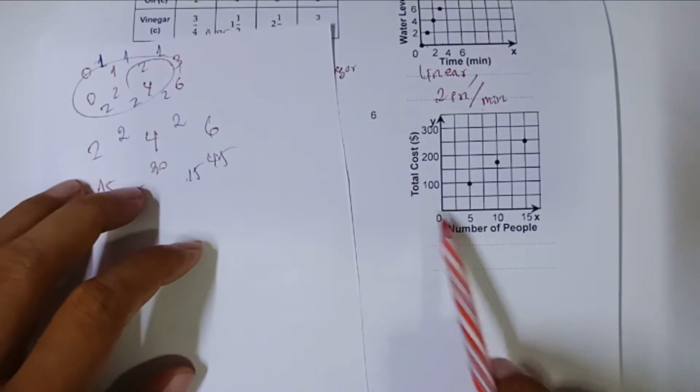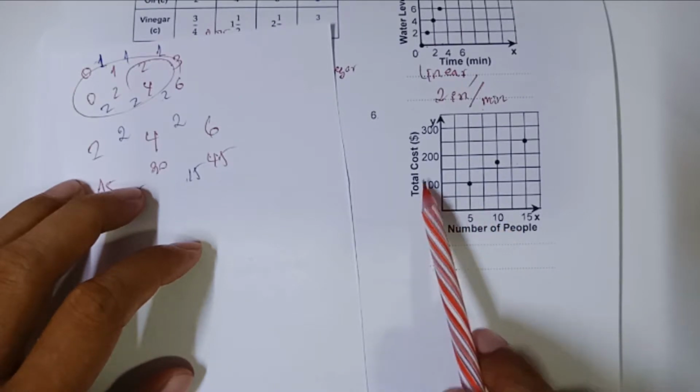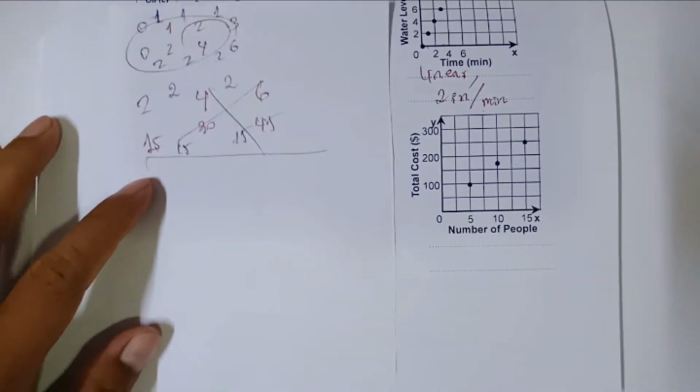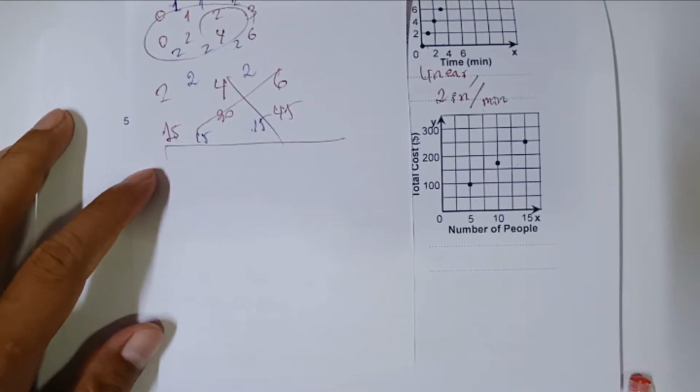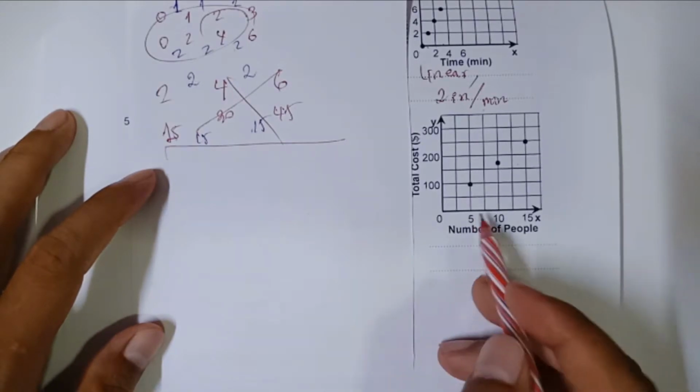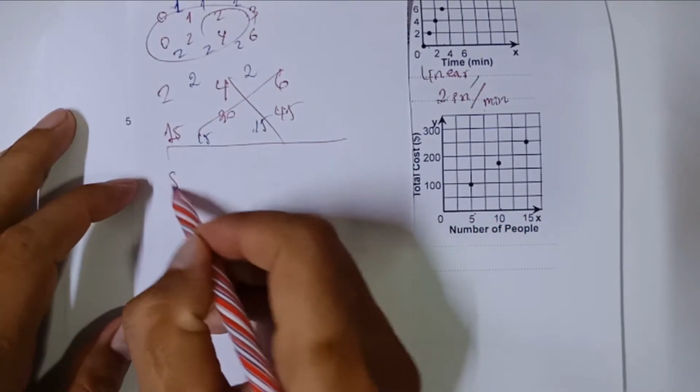Alright, now number 6. It's about number of people and the total cost. Let me list down all the values of x first. You have 5, 10 and 15.